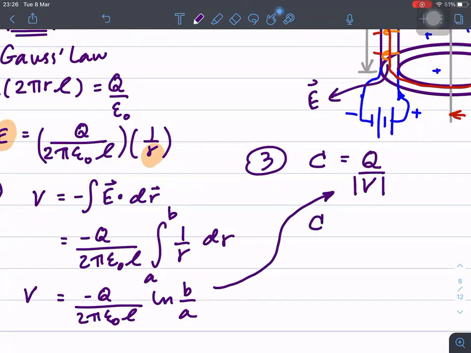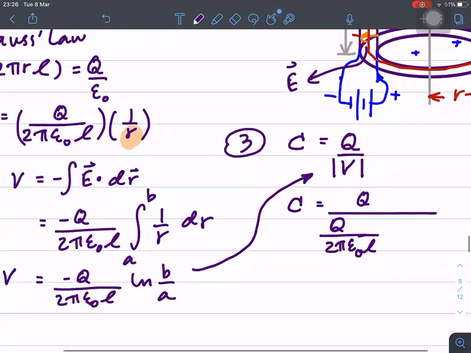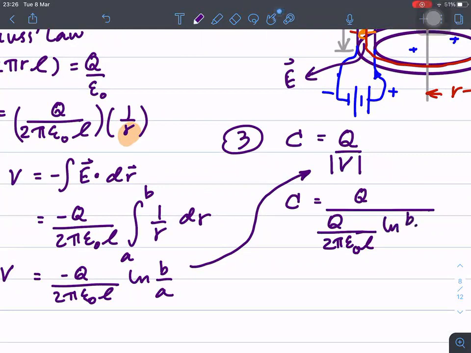So C would be Q over Q over 2 pi epsilon 0 L times ln B over A. These are all constants. Then Q cancels, and finally we get C, the capacitance, which depends on the length L and on the size of the cylinder, B and A, the inner and outer sides.